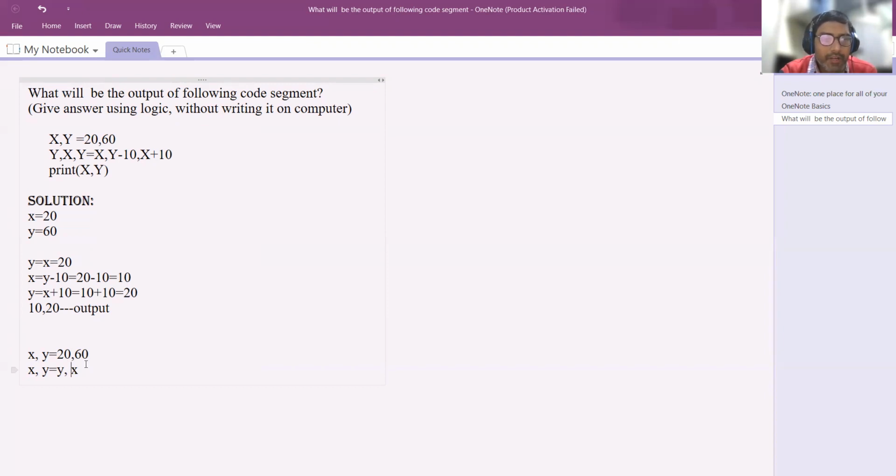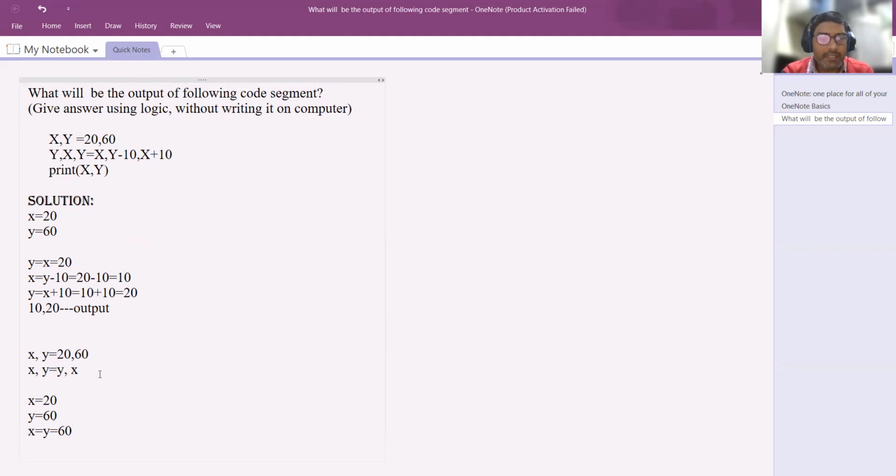But if I solve it using the logic that we have used here, then let us see what answer we get. So x is 20, y is 60, it is given to us, and then x is equal to y. So x is equal to y and y is 60. So now x has become 60.